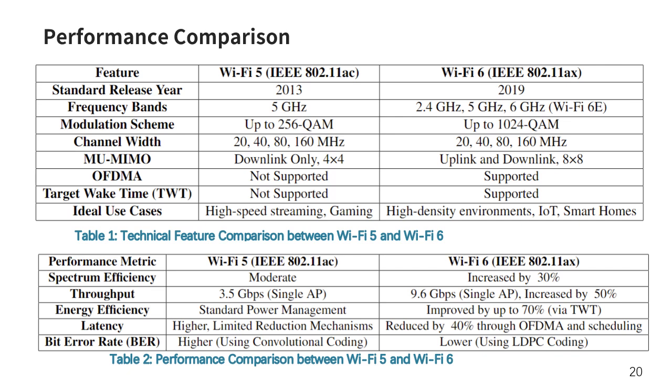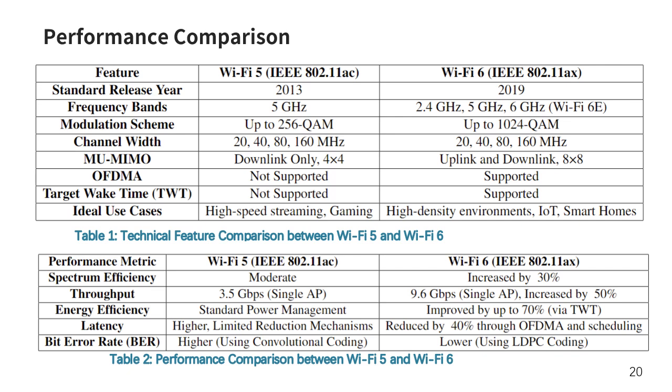Wi-Fi 5 was released in 2013, while Wi-Fi 6 was in 2019. Wi-Fi 5 is only in 5 GHz, while Wi-Fi 6 has 2.4 GHz, 5 GHz, and also 6 GHz. And there are some techniques that only Wi-Fi 6 has, such as OFDMA and TWT.